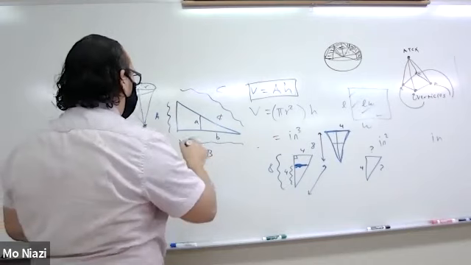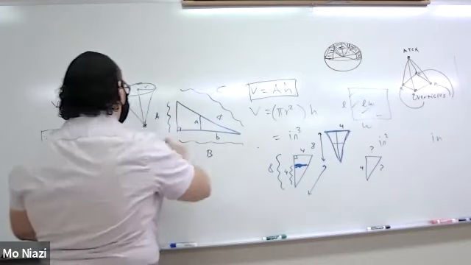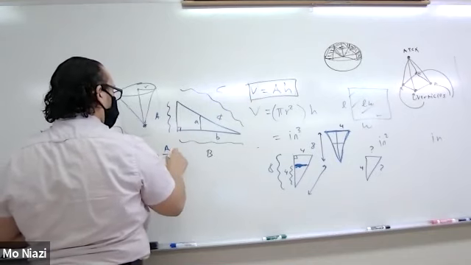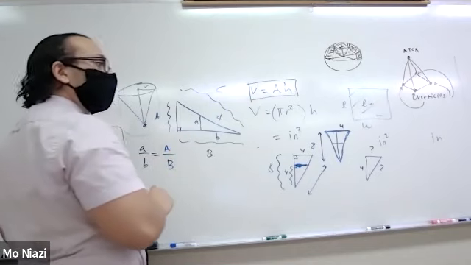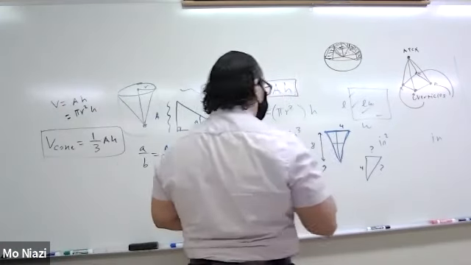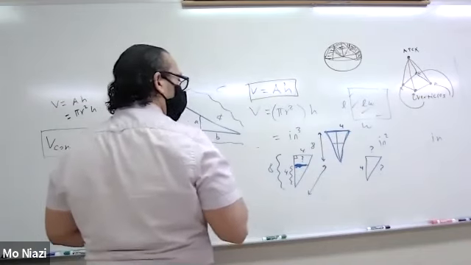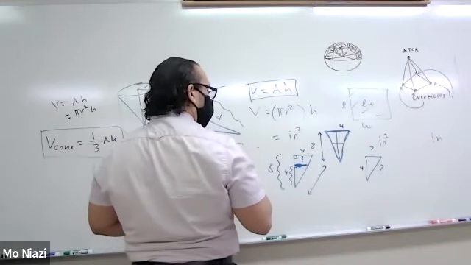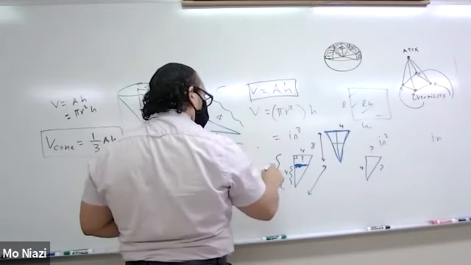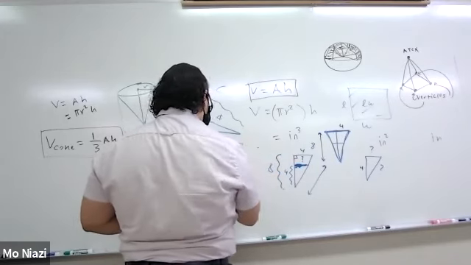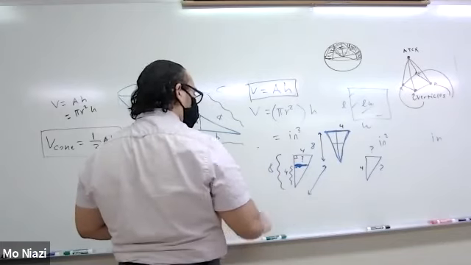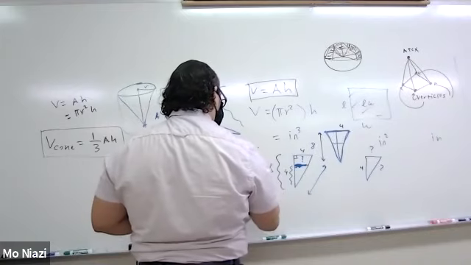So similar triangles says that the ratio of little a over little b is the same as the ratio of capital A over capital B. So this larger triangle, this ratio 8 over 4 is the same thing as the ratio 4 over your unknown.